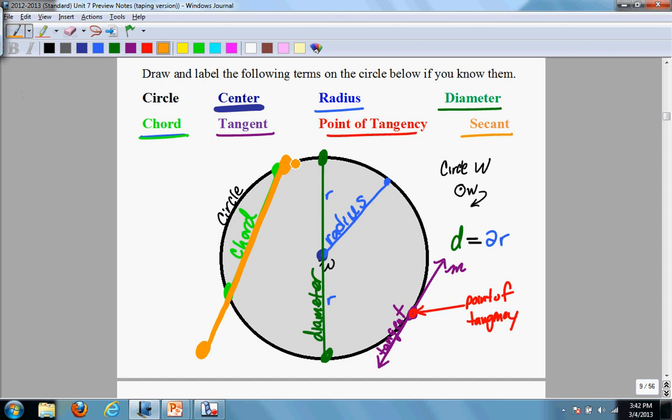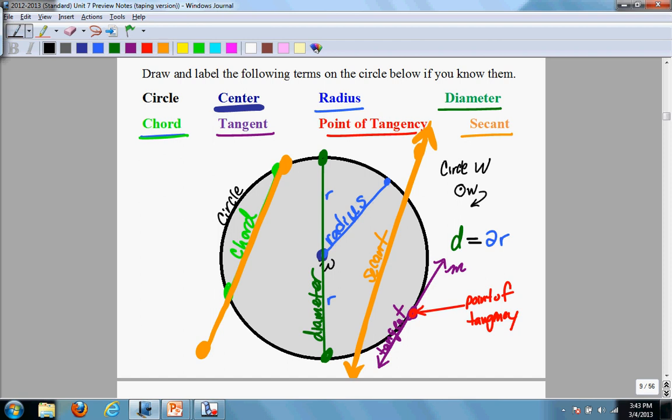That would be a secant. Or it could start from the outside and just go through the circle completely. It could be a segment, or it even could be a line. So these two orange lines represent different kinds of secants, segments or lines, as long as they start from the outside and go through the circle.